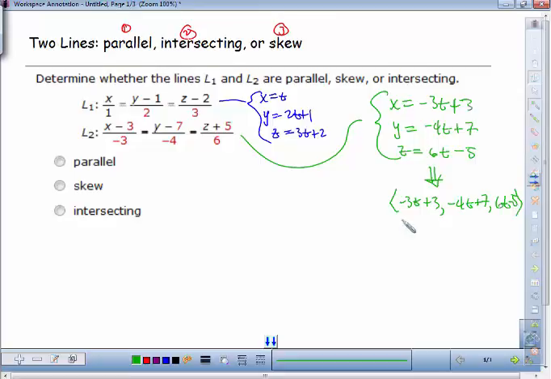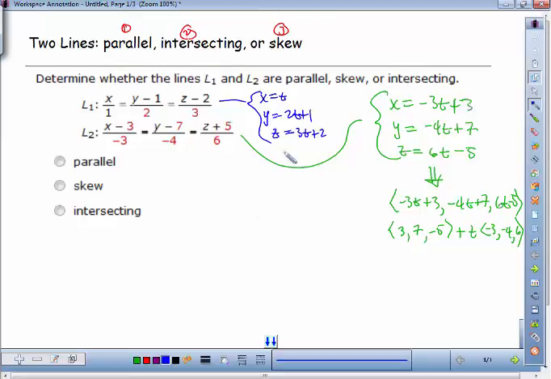So all the ones without the t, we'll put that as our initial point. And then we have t times the direction, which is the coefficients of t. And that's our direction vector. That's what we want.